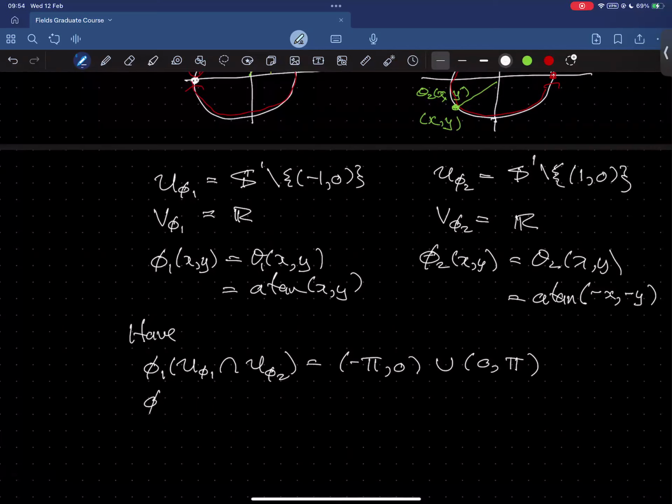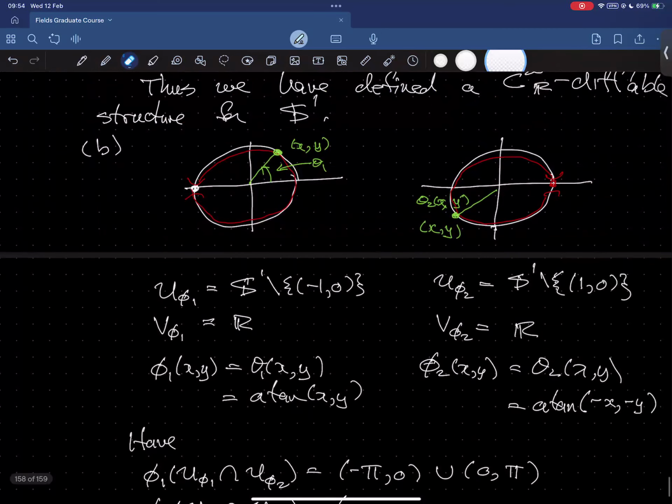And similarly, phi2 of the intersection of U phi1 and U phi2 is going to be the same thing. So it's going to be the angle theta 2 for points on the circle with those 2 points removed.